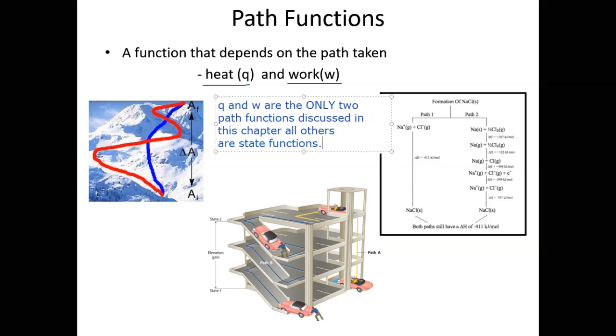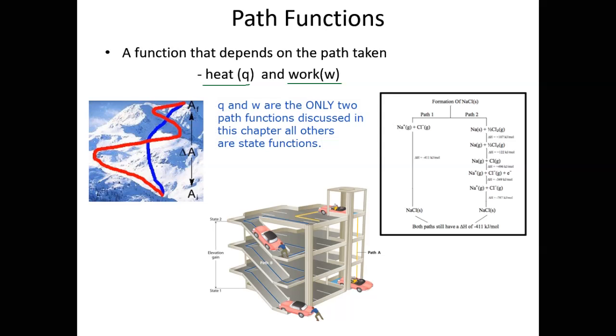You can have work at constant pressure, which is the work I just mentioned on the last slide, or you can have work at constant volume. Regardless, it depends on the path. Different paths give you different values for heat and work. Over here on the right-hand side, we have the path for the formation of NaCl.